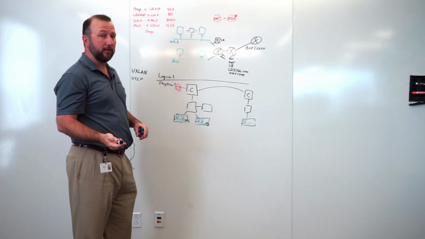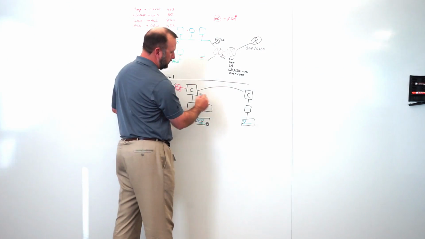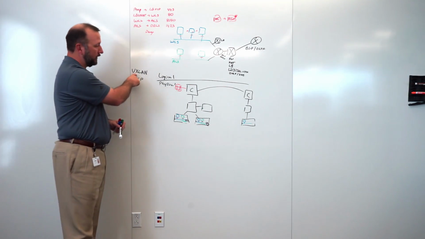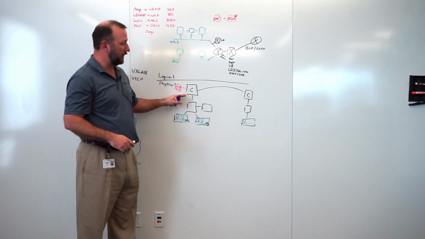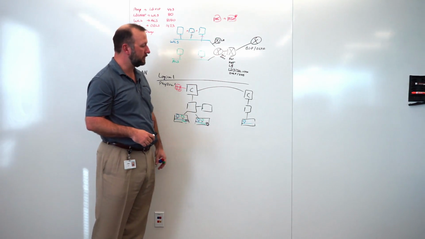So as long as you're providing 1600 byte MTU and IP connectivity between VTEPs, between data center 1 and data center 2, I'm going to use VXLAN as the transport, and I'm going to tunnel this layer 2 traffic across the IP network, even if those are different, geographically different, diverse data centers.